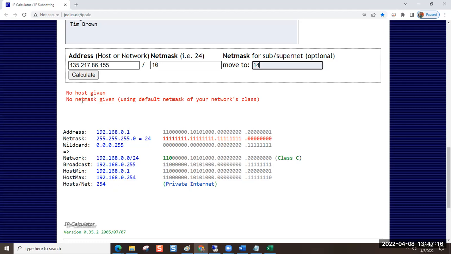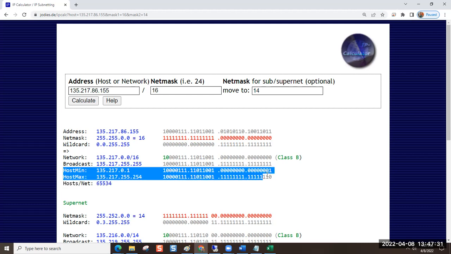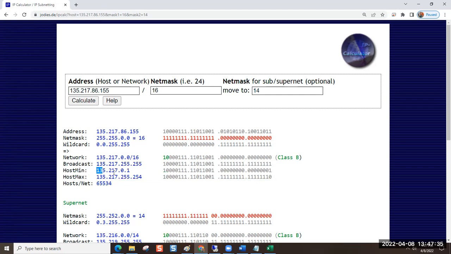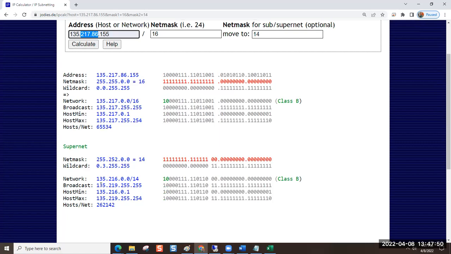Now this is going to change down here, and it's really important to understand. Can everybody see this information right here? Mm-hmm. Okay. What you need to know is that you got to take this address and you got to figure out where it fits, okay?